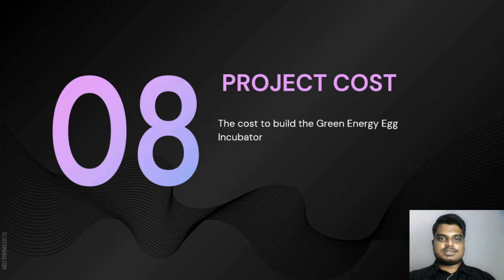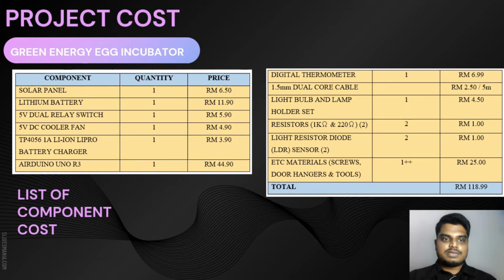Hello, my name is Sasitaran. Now I am going to explain about the project cost to build the green energy egg incubator. So we can see all the list of components we used to build the green energy egg incubator.